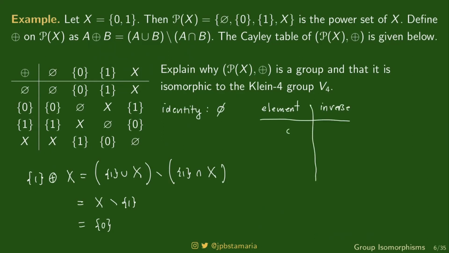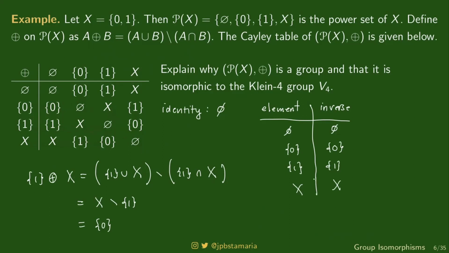For example, the empty set, what is its inverse? Itself. Right? In fact, as you can see here, because the diagonal are all empty sets, in other words, all identities, it means every element is a self-inverse element. That means the inverse of each one is itself. Okay, that's an indication.